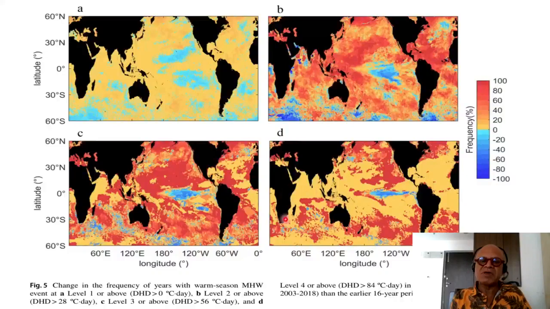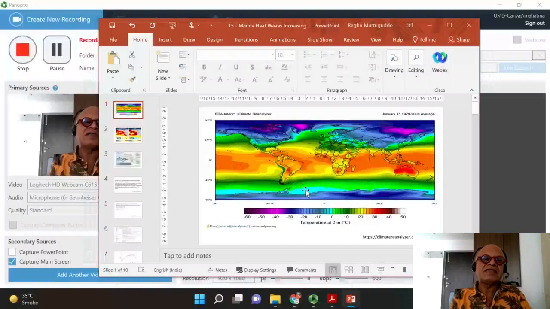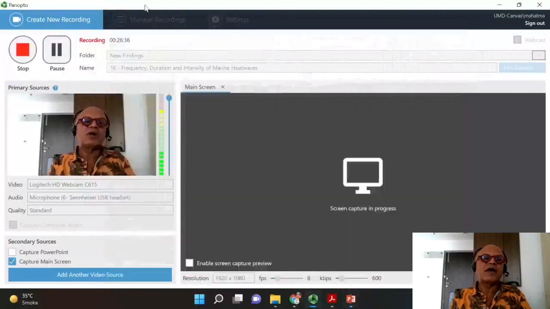Of course, you have to remember the mean temperature in the Indian Ocean is always high, so the ecosystems within that have still evolved to take the maximum monthly mean temperature of the year, and then responding to the marine heat waves. In other words, these are physically based indicators which show how anthropogenic warming is affecting marine heat waves.